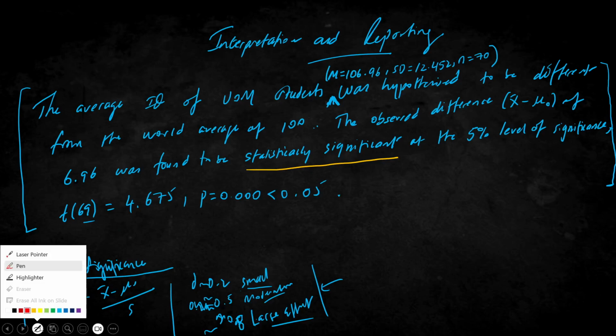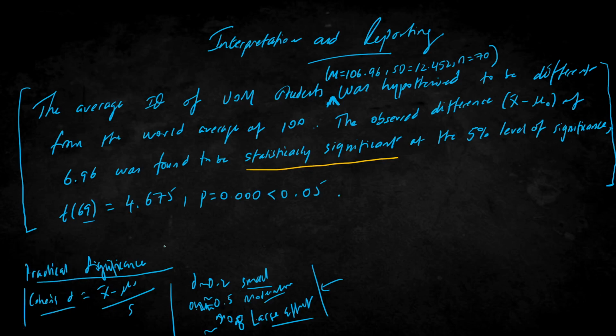So we have a calculated Cohen's d value of 0.56.